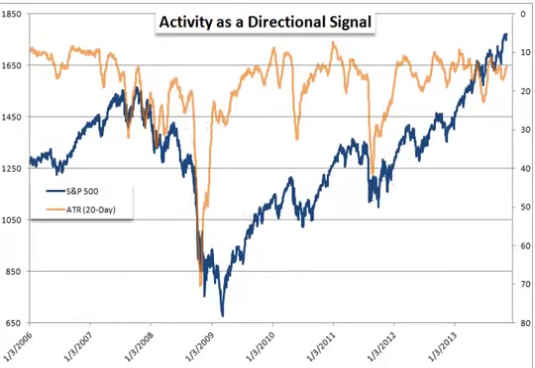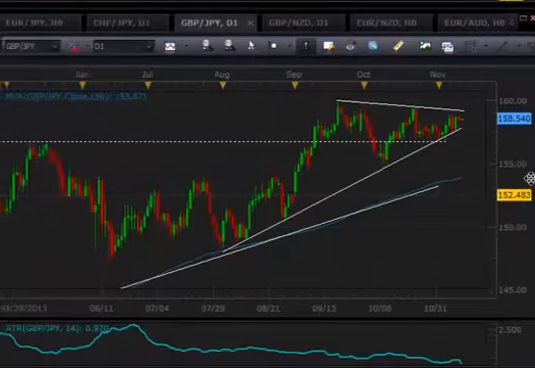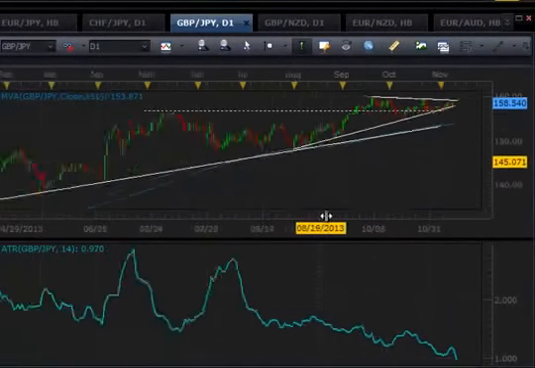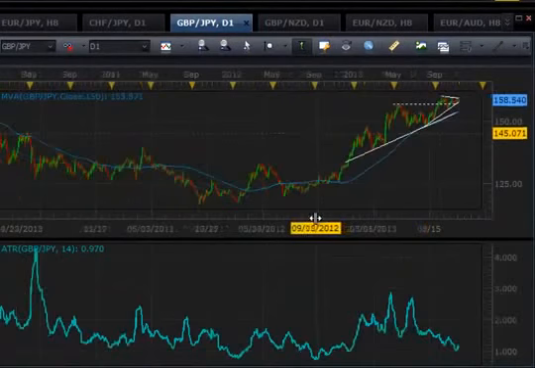Now, this is not just unique to the S&P 500. This just so happens to be also a positive correlation to the same currency pair we were just looking at, the pound yen. And this is actually going to be an indicator that is very similar across all the yen-based crosses, because it's a carry trade pair.